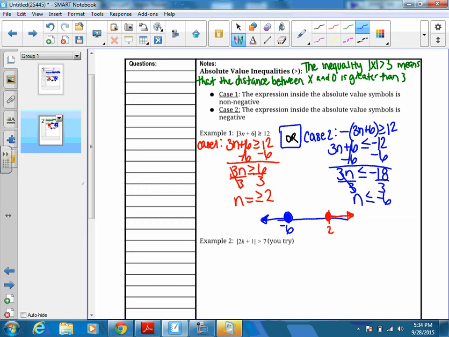The only thing that's really important that's different from what we learned is you have to pay attention to the cases. As I said before, inequalities that deal with less than are going to be the intersection. When we talk about greater than, it's going to be the union. When we're solving these problems, it's very important that you solve for both case 1 and case 2.